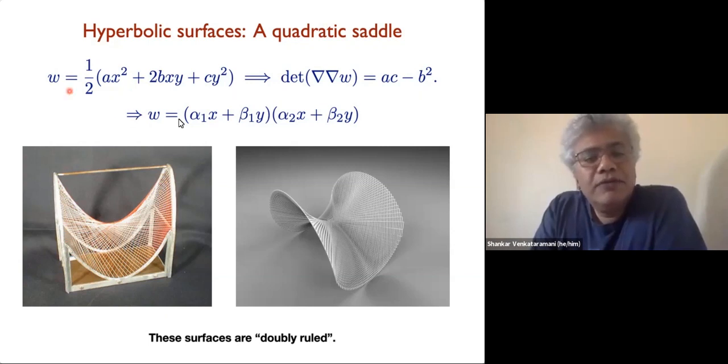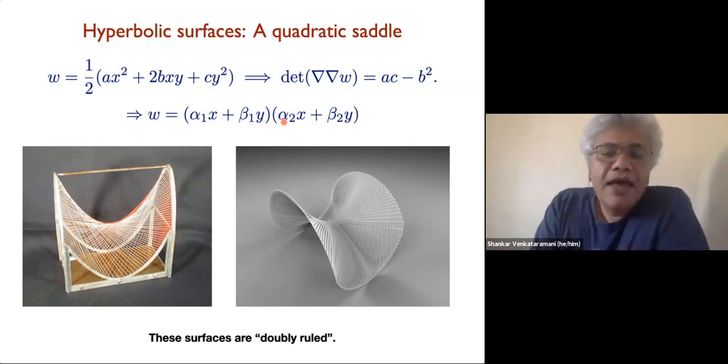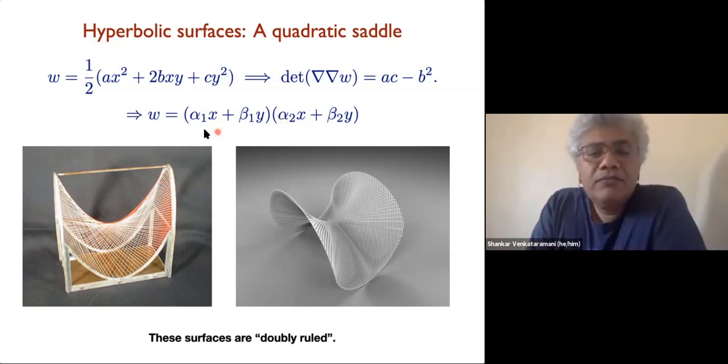And so your W locally is a product of 2 linear forms. If you now look at lines, so if you set the equation that this first linear form is, say, a constant, say 2, then along that line, with respect to an affine parameter on that line, this factor is linearly independent from the first factor. So this is a linear function of the affine parameter along the line.